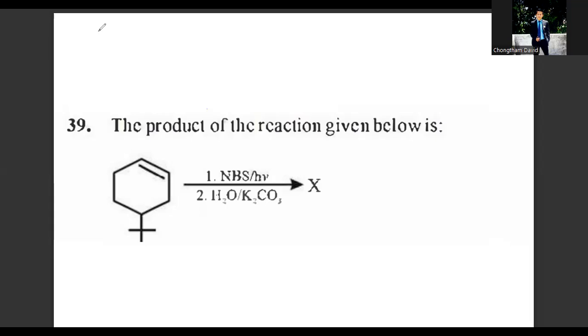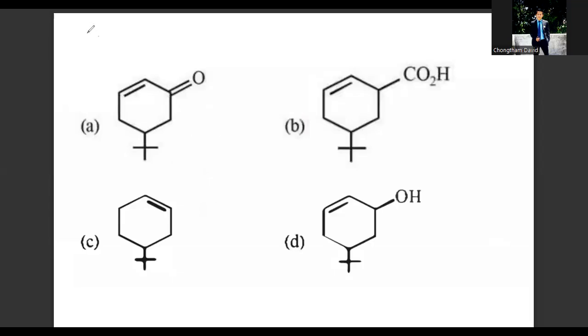So according to the question, you can expand. So this is the reactant. NBS in light, right? So which will be the most stable product? The most stable product will be this one.